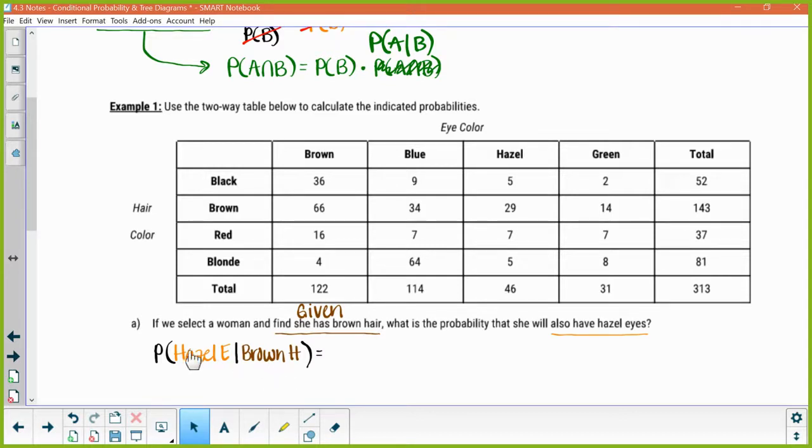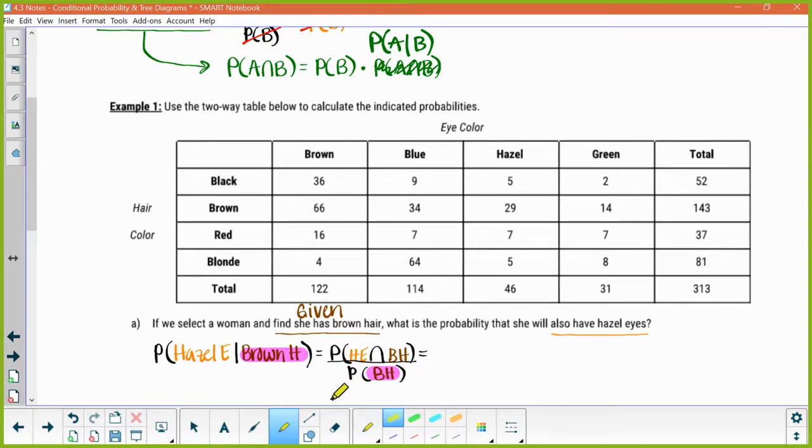And all I'm going to do is take this statement and use the formula for conditional probability. So that states that the probability of hazel eyes and brown hair is all over, and remember, your denominator is going to match the given portion of your probability statement. So hazel eyes and brown hair over brown hair. Now, all I have to do is go to my table.